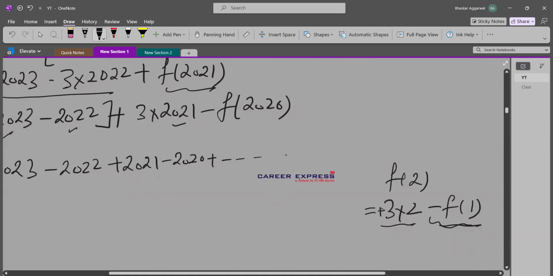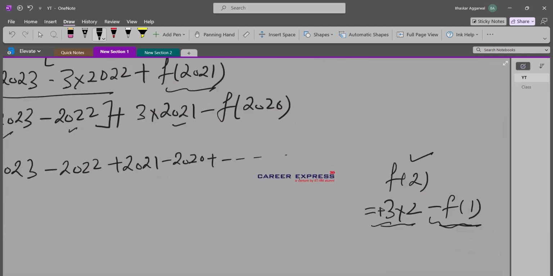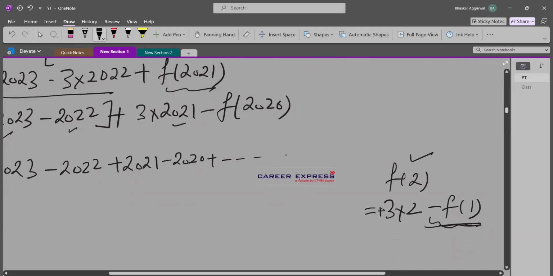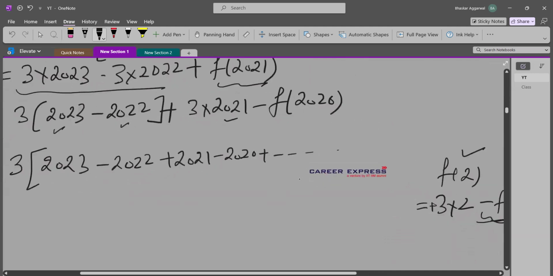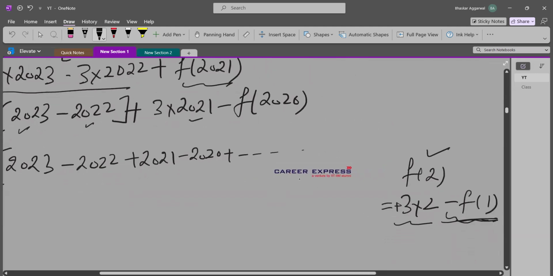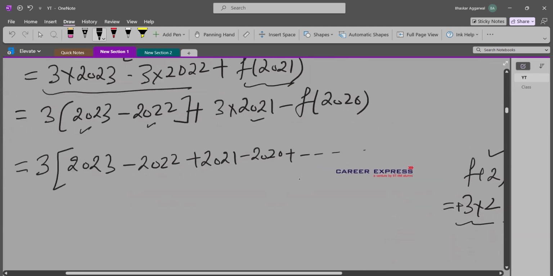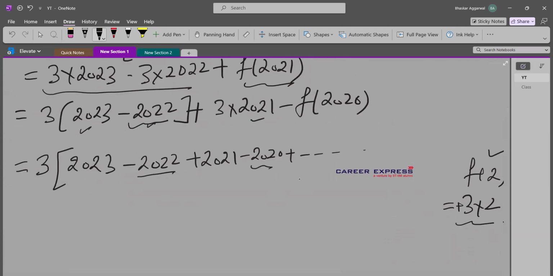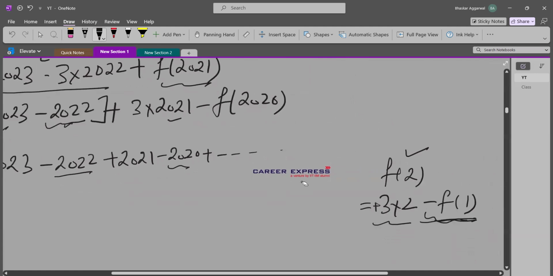So ultimately when we get to f2, f2 will be 3 times 2 minus f1. So what will be the sign of 3 times 2 and f1? As we can see, the even numbers are negative and odd numbers are positive. So 2 is an even number in this trend, so 2 will be negative and f1 will be positive.